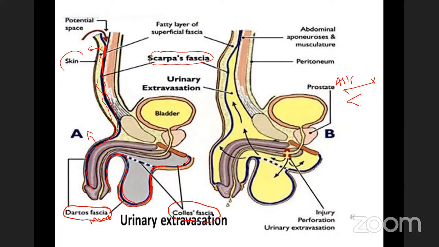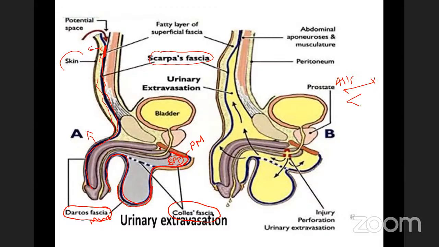And this Colles fascia is attached to the perineal membrane. Now, the space between the perineal membrane and the Colles fascia is known as the superficial perineal pouch. Details of this we will be discussing in our next few classes.